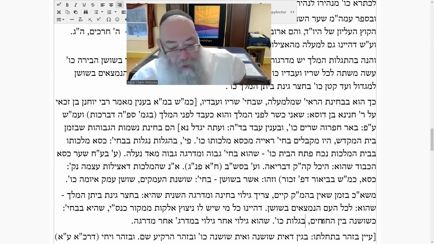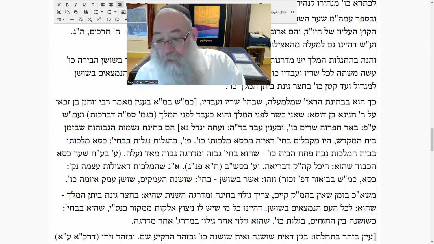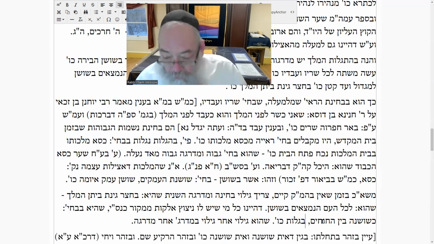Which is a revelation after another revelation, one madrega after the lower. In other words, it comes down to the level of the lower madregas, so that everybody who has a spark, that if you are at all in the Shushan is at all connected to that, you still have an ability to get to appreciate that level.